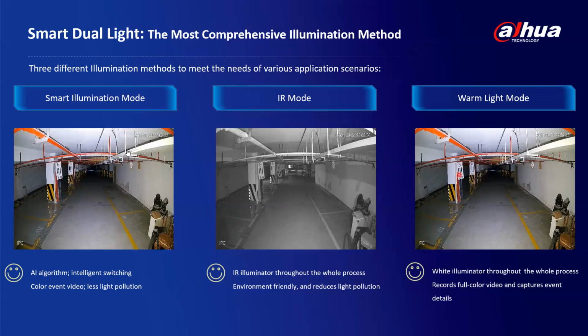This one intelligently switches between the IR and the warm light. If you choose this, it remains black and white during the night. And if you choose the warm light to be on, it will always provide you the videos and images in color format.